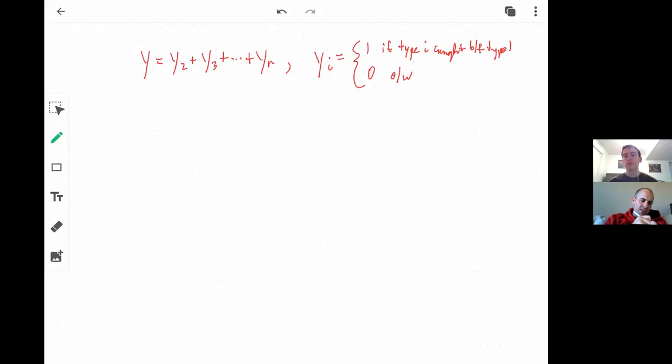So you're saying that what you want is the expected value of Y, which is just the sum of all the expected values. So it's going to be the sum, i going from 2 to r, of the expected value of Y_i. Yeah. Okay, cool.